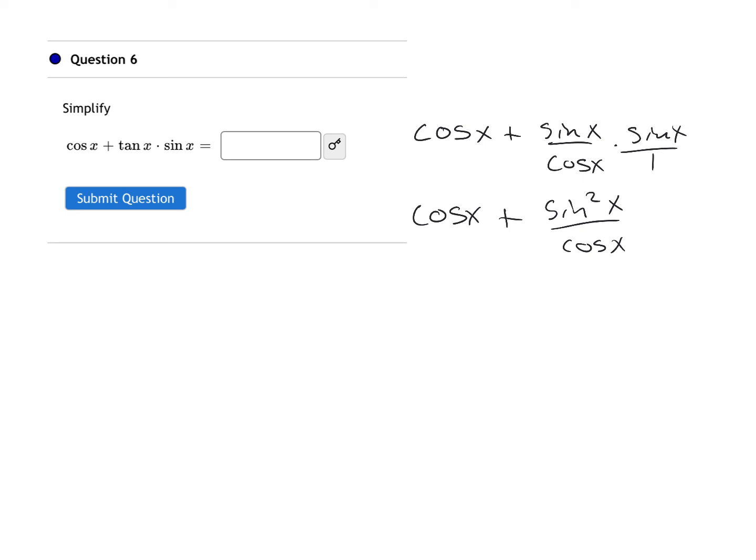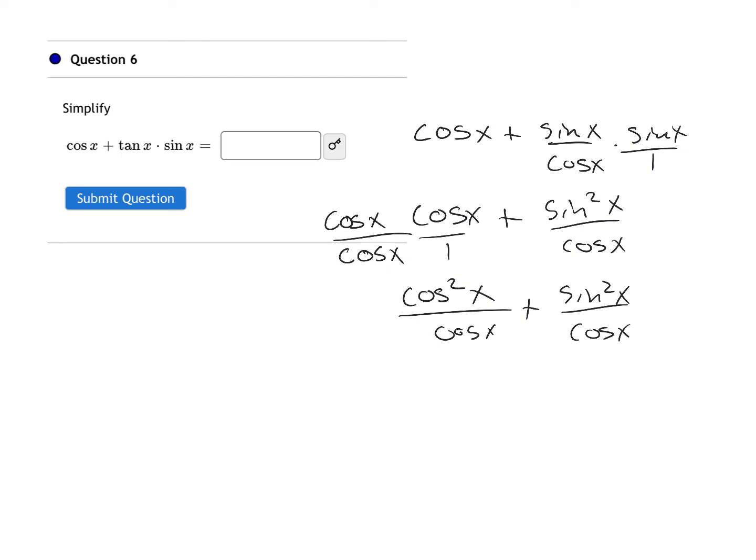So I need to make this into a single fraction. To do that, I have to multiply this by cosine x over cosine x, and that's going to give me cosine squared x over cosine x. I did that so I could get a common denominator, plus sine squared x over cosine x.